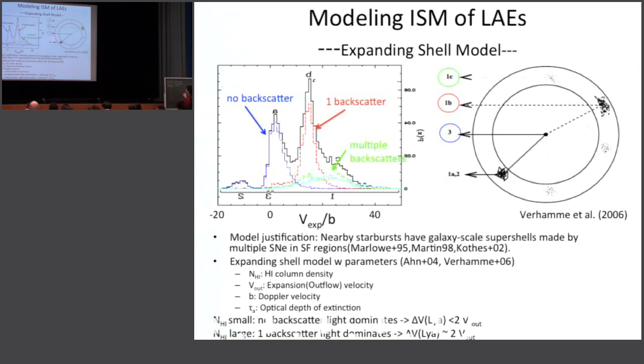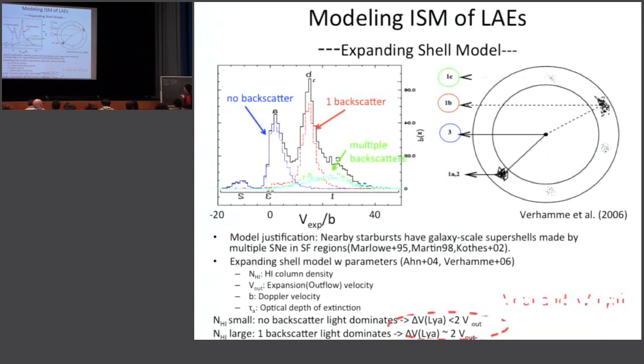And if you have a small neutral hydrogen column density, then you have more direct, no backscatter component. So you have a small velocity offset of the Lyman-alpha from the systemic velocity. This changes at about 10 to the 20 per square centimeter for the neutral hydrogen column density.